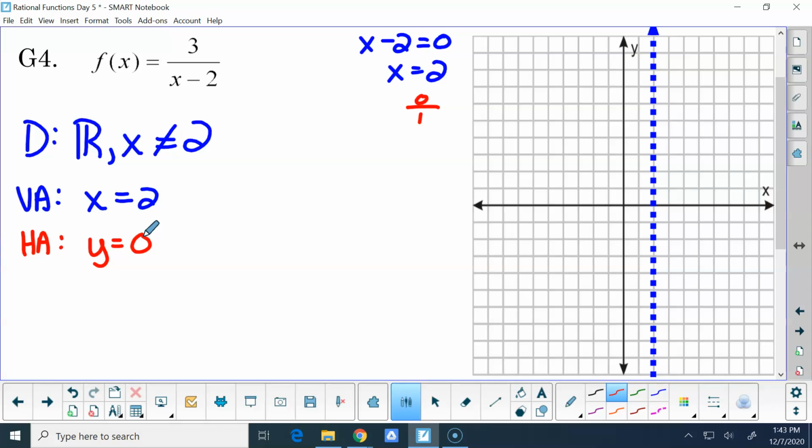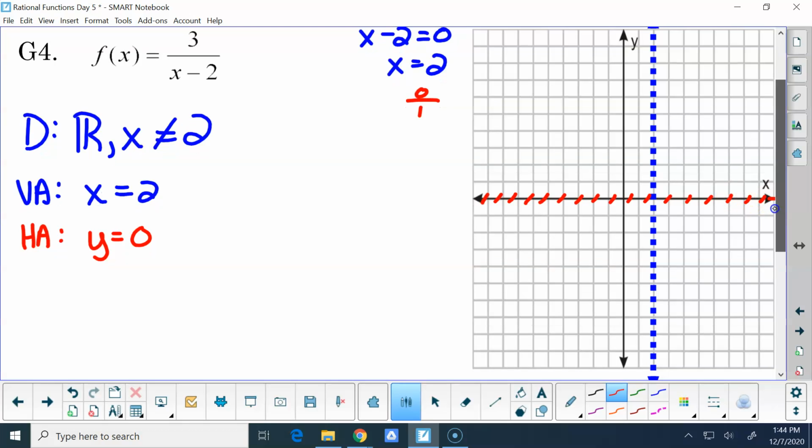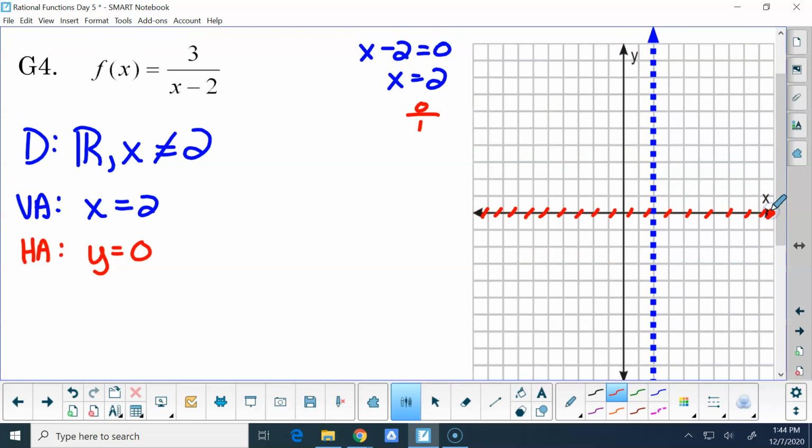One thing I should tell you is that when you've got x equals 0 as a vertical asymptote or y equals 0 as a horizontal asymptote, and you're not using a second color, you can make dashed lines like this to signify the asymptote so that you can actually see it. That's another good way to make asymptotes.